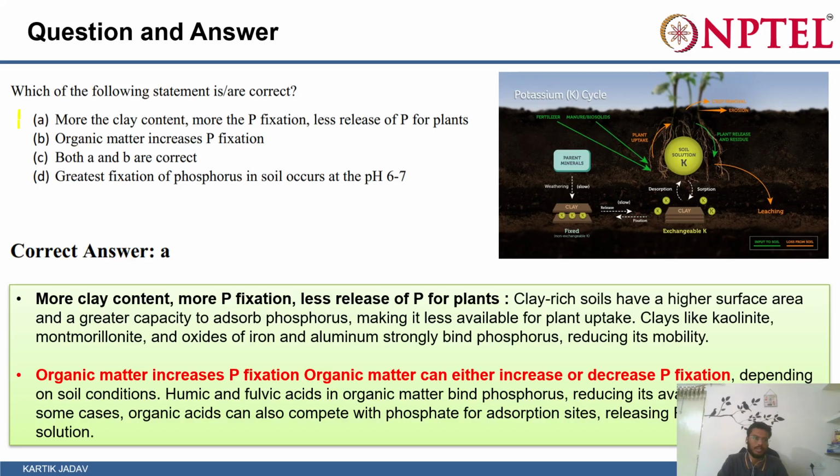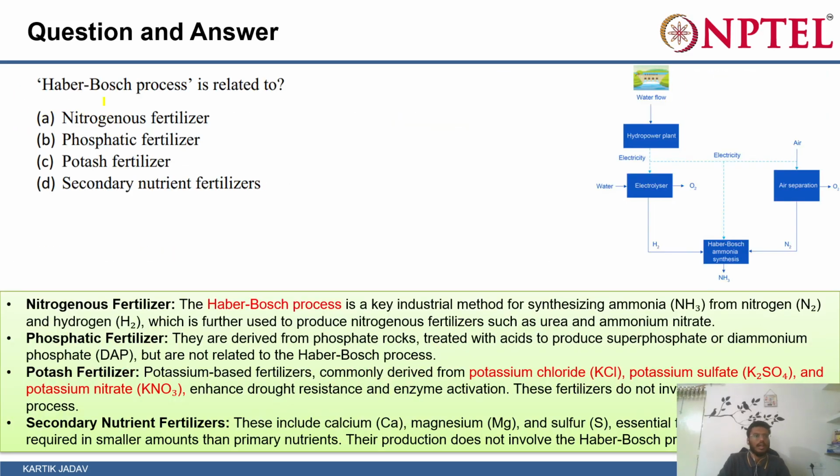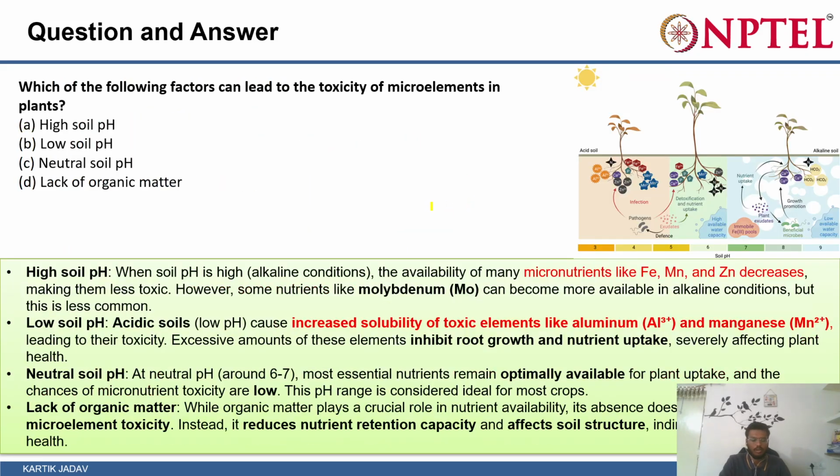So correct answer is option. Haber process is related to the nitrogenous fertilizer, right? So correct answer is option A. Not going into the detail of all this as we have already covered, right? You can stop me if you have any query in between.